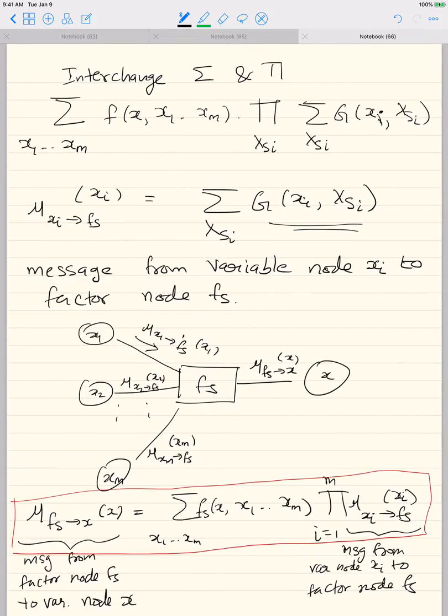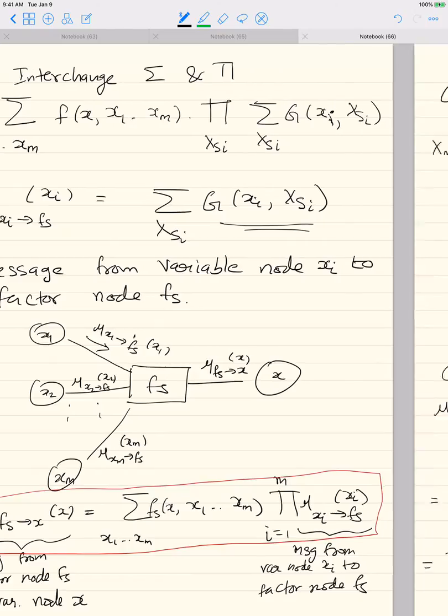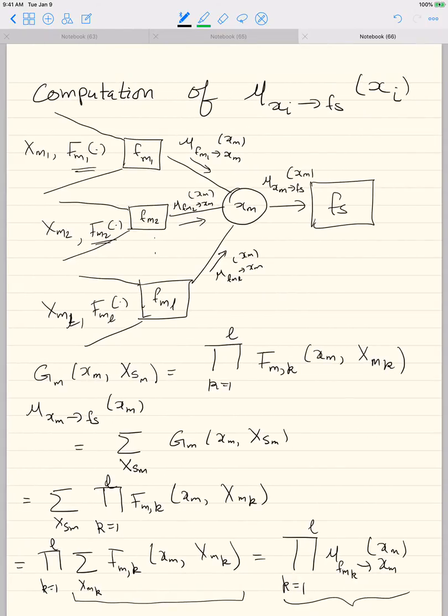To compute the message from a factor node to the variable node, we have this formula. We take the product of all the incoming messages from different variable nodes into the factor node. We multiply with a term involving the factor node and marginalize with respect to all the variables except the variable x of interest. So now we can use this to recursively compute all the messages in the network.